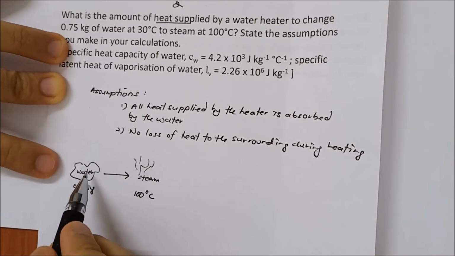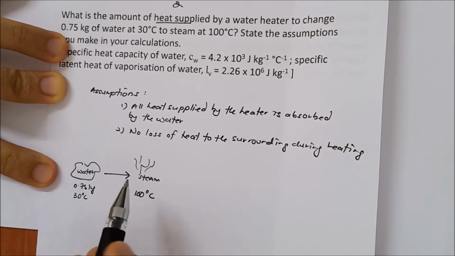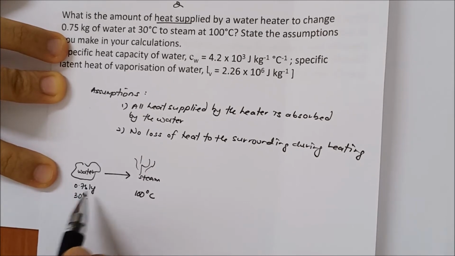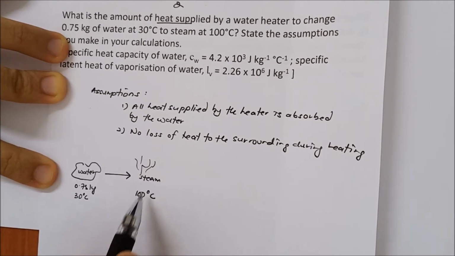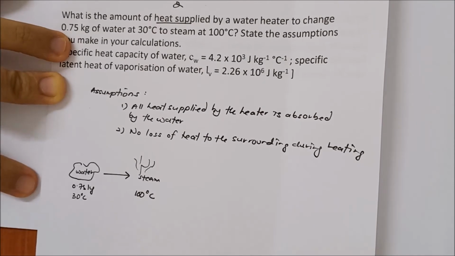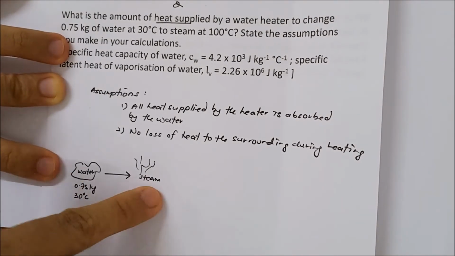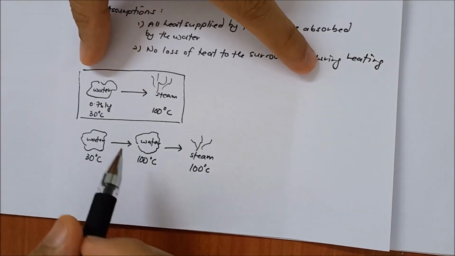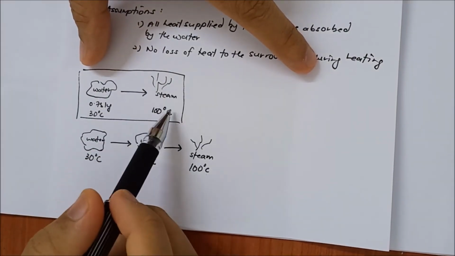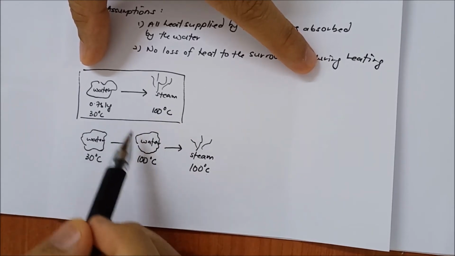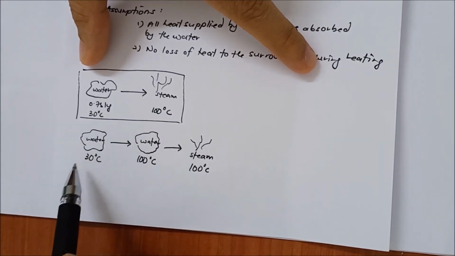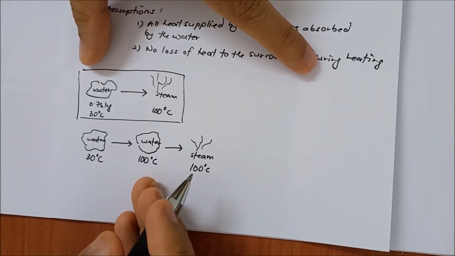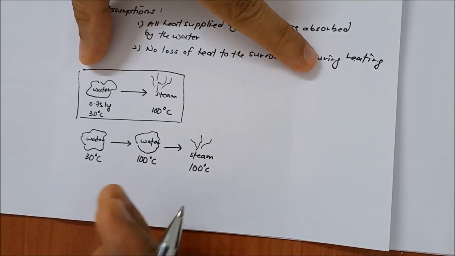In the process of changing water to steam, before the water can be converted into steam at 100 degrees Celsius, the water has to increase in temperature to 100 degrees Celsius before it changes its physical state to steam.